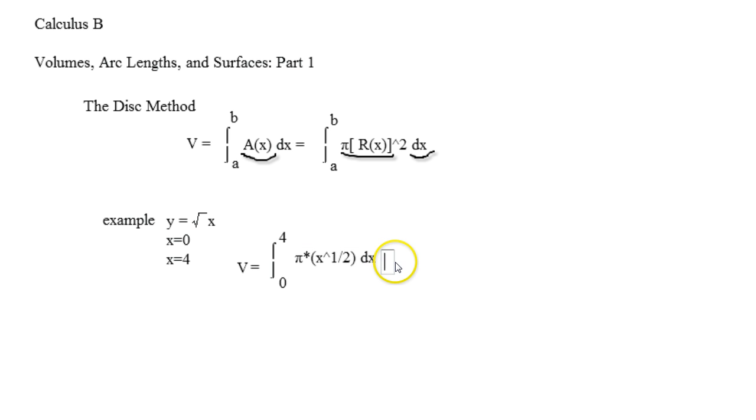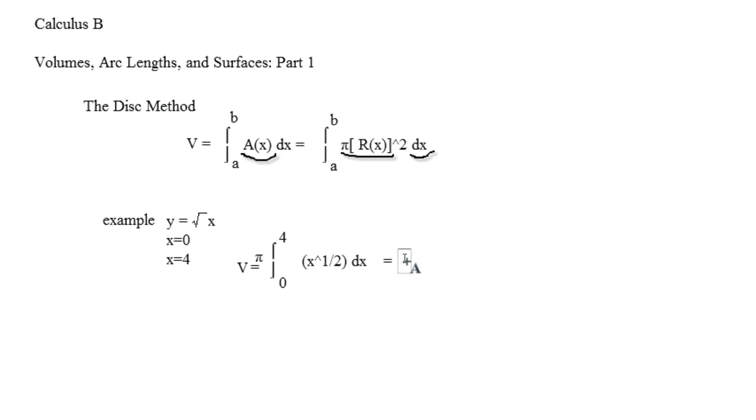And so when we do the integral, we're going to have pi out front, so we are literally just putting the pi out here. Then on the inside, we're getting rid of the pi, and we're just dealing with the integral of x to the 1/2.